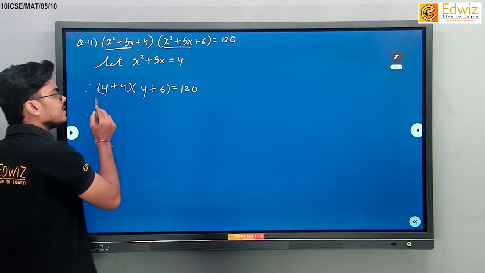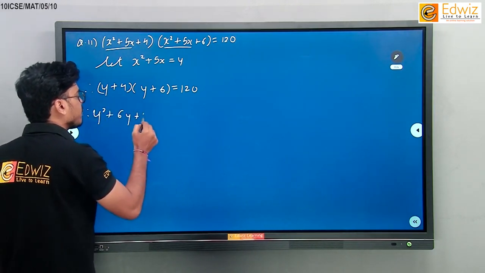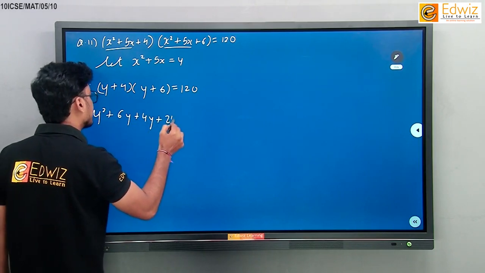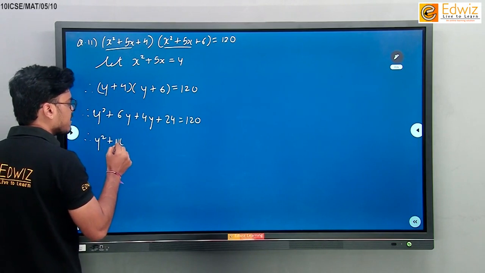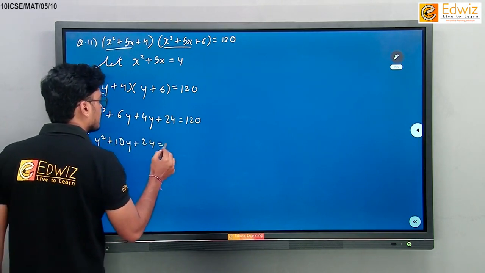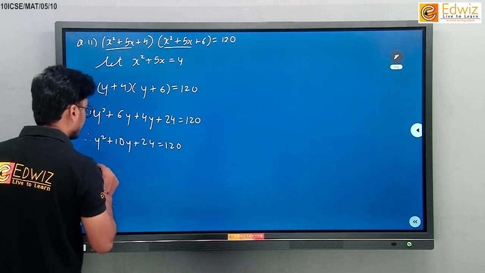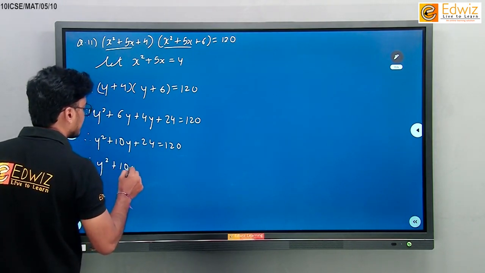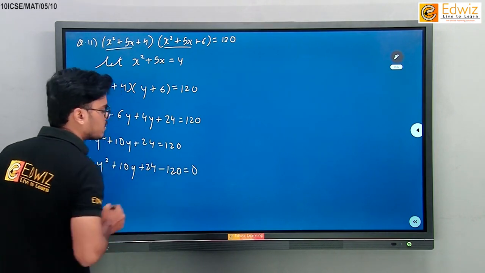Let us solve this. This will be y square plus 6y plus 4y plus 4 sixes are 24 equal to 120. That means y square plus 10y plus 24 equal to 120. Take 120 on the left hand side, it will become minus 120. So y square plus 10y plus 24 minus 120 equal to 0.